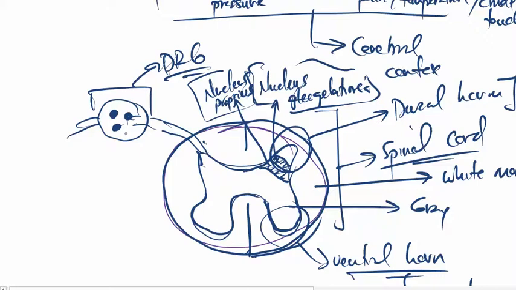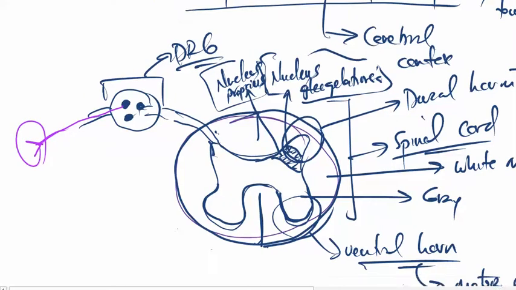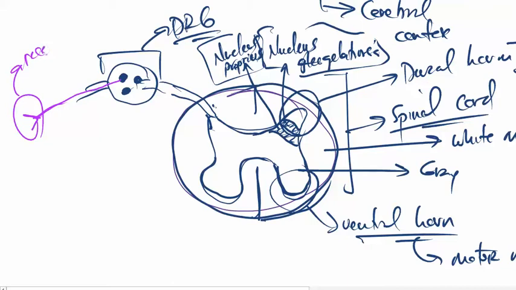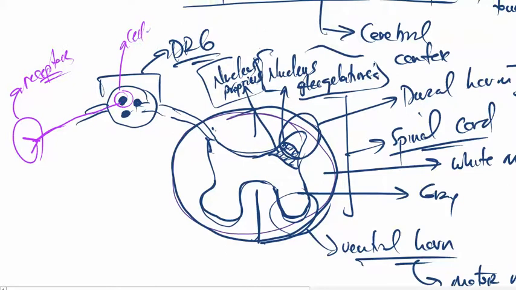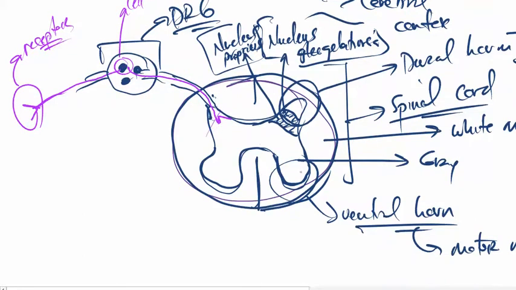So you can imagine that here, this would probably be the receptor, and then this would be the cell body, right? And then it will send its axon into this gray matter here.